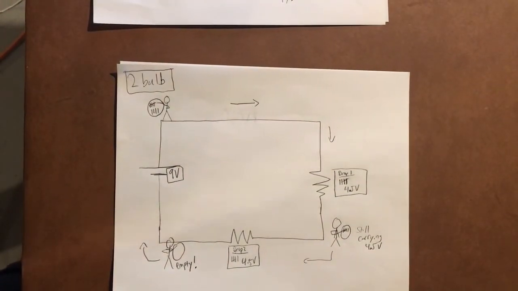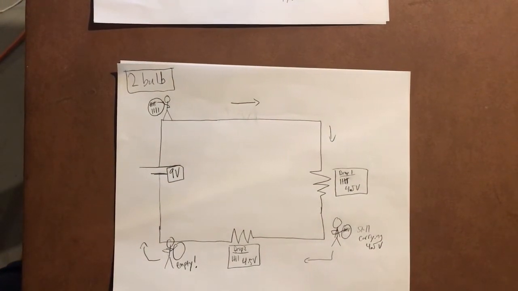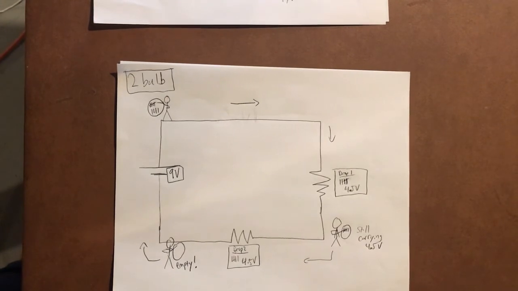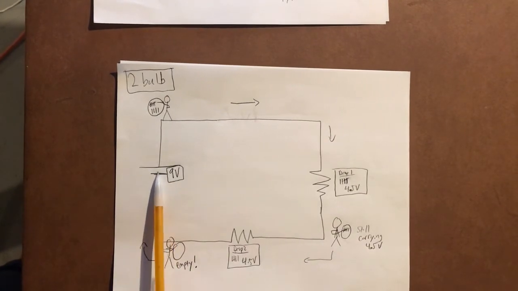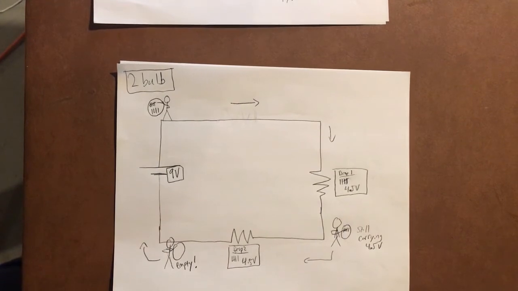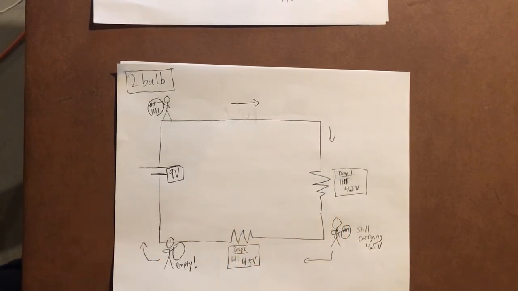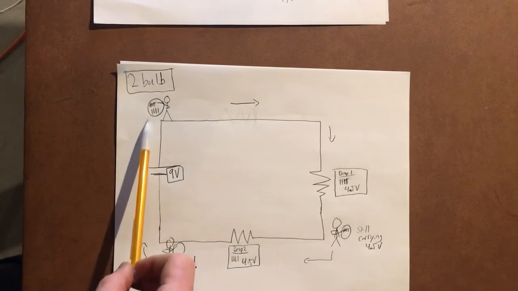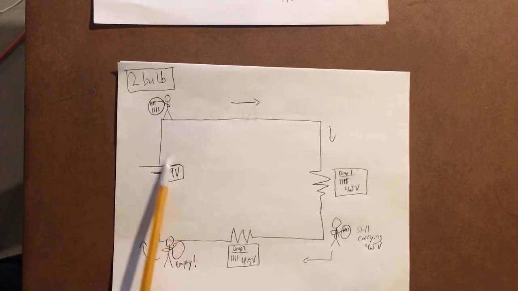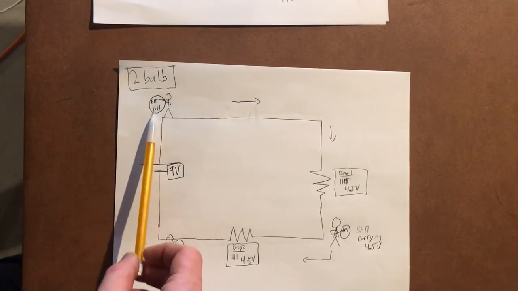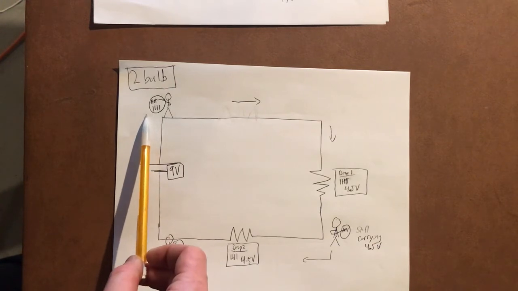Now with 2 bulbs, what's different? Alright, so it's going to start the same way, but I think what we should remember now is when there are 2 bulbs in a series circuit, the bulbs were dimmer, and this is going to explain why the bulbs got dimmer. So the electron starts off just like before, going from a 9-volt battery, so it has 9 pretzels in its backpack.